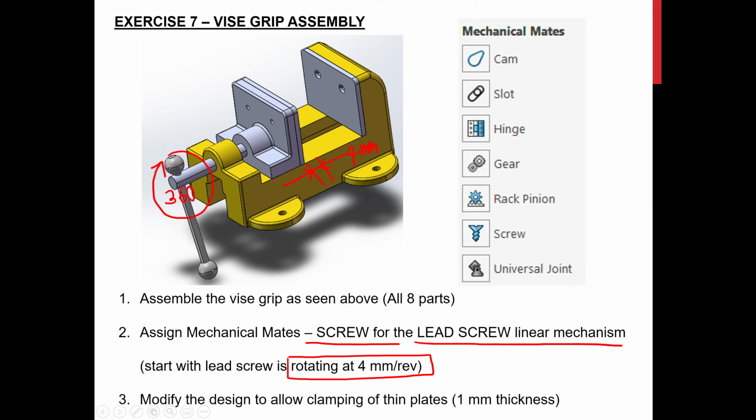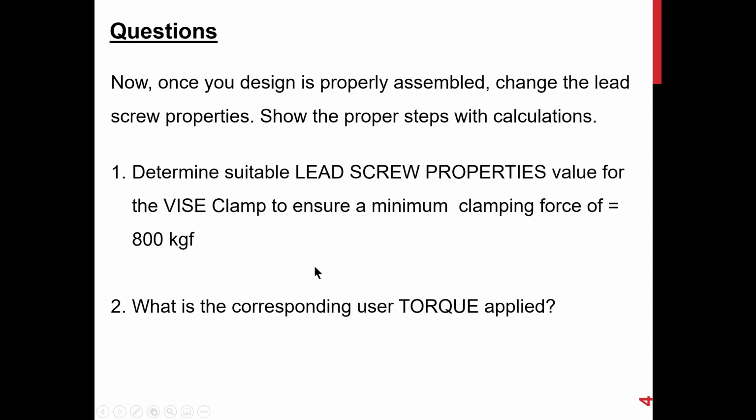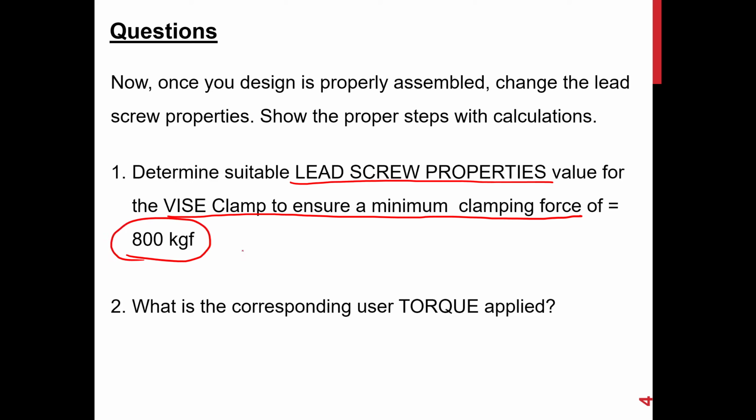But before we do this, we'll go through some theoretical parts. I might as well do this later. You need to also select suitable lead screw properties. For example, we want to ensure a minimum clamping force of 800 kilogram force.